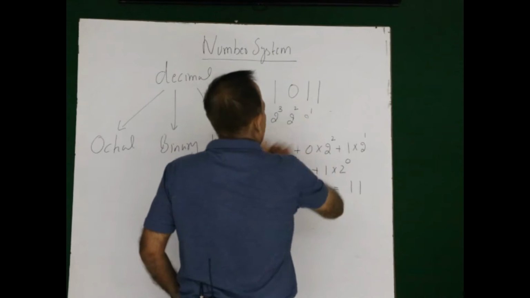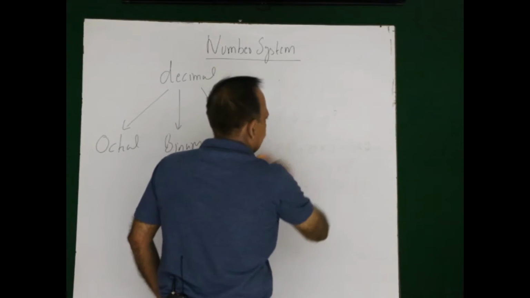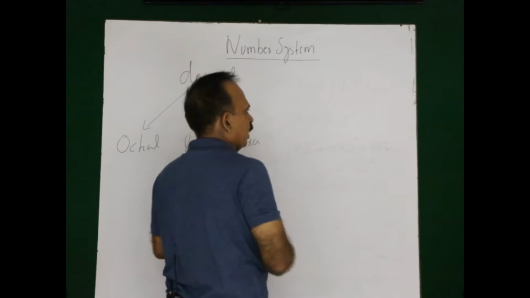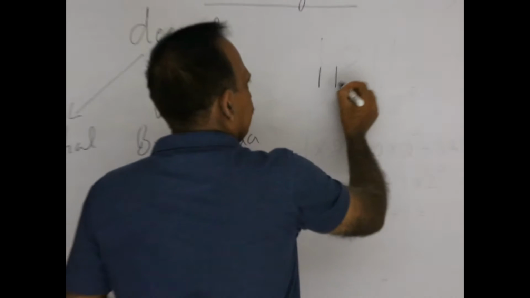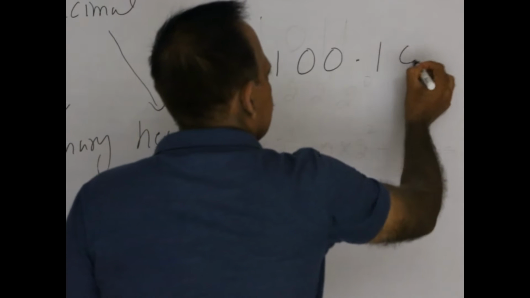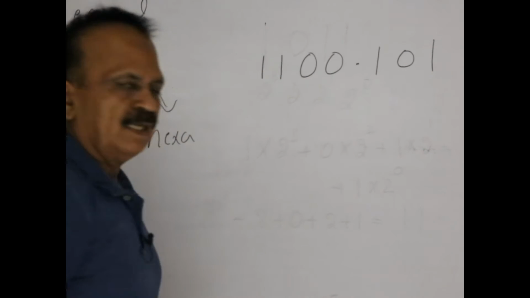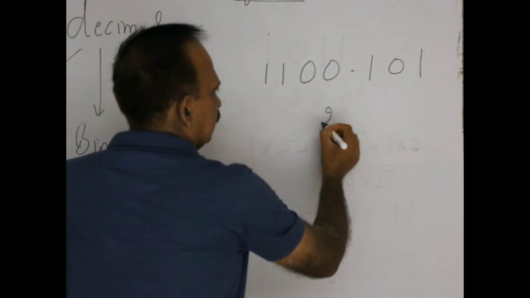Say, I take one more example in which the fractional part is also there. Let the number be 1100.101. Following the same method, let it be 2 raised to the power 0.